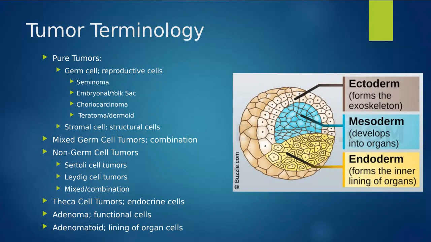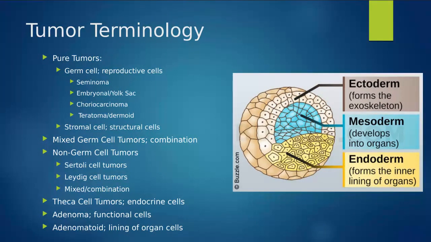We also have non-germ cell tumors, meaning we have reproductive tumors that originate from cells that are not germ cells. So we have Sertoli cell tumors, we have Leydig cell tumors, and then we can also have mixed non-germ cell tumors, which is known as a Sertoli-Leydig tumor, a combination of non-germ cell tumors.